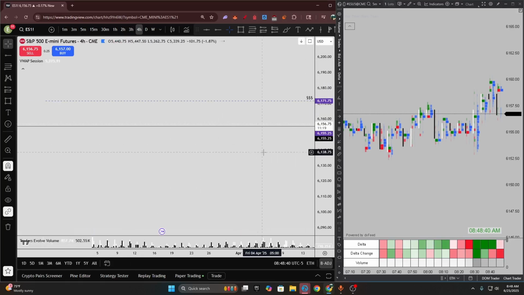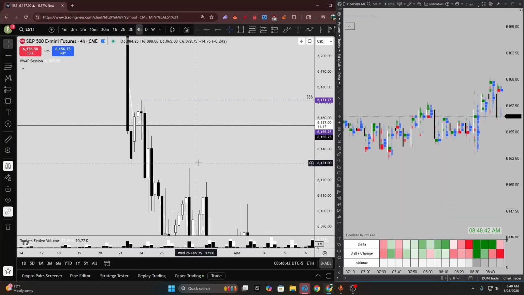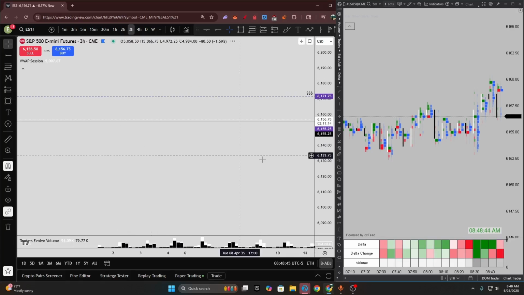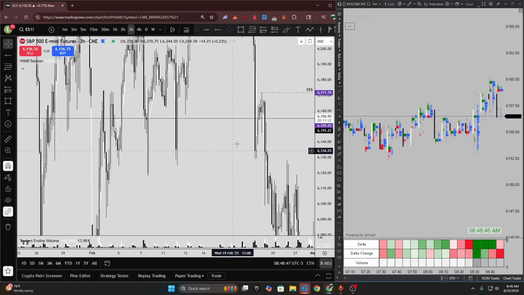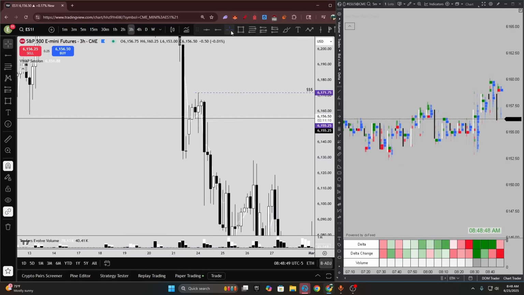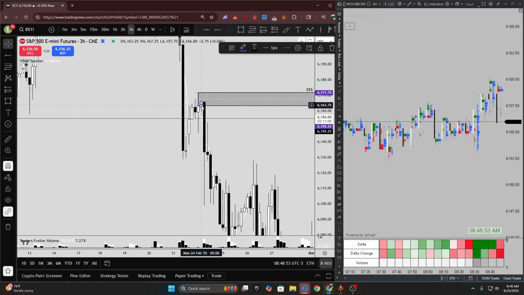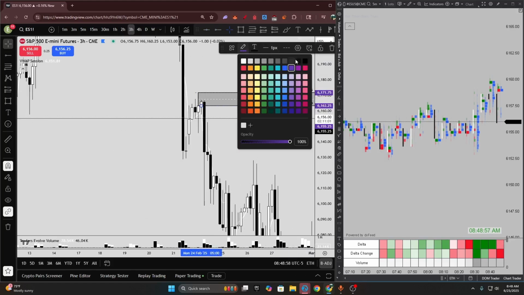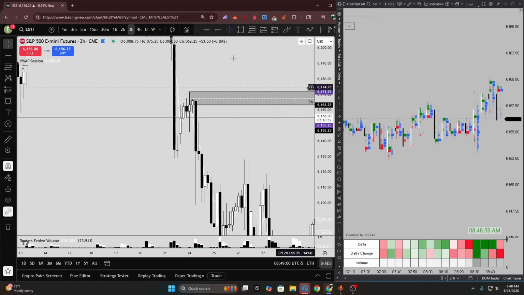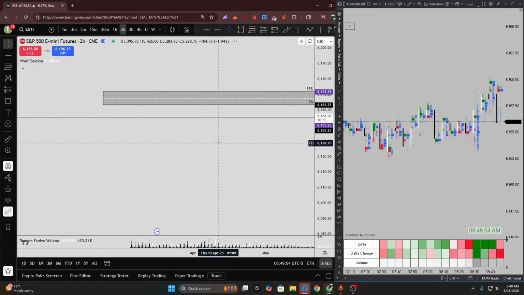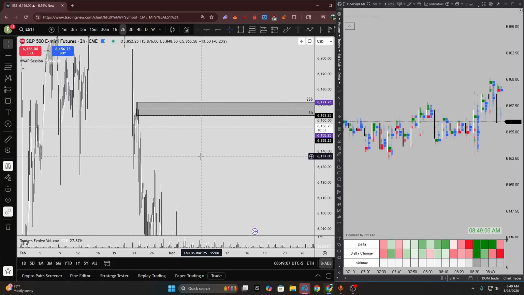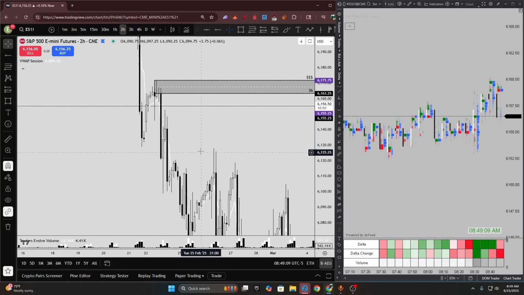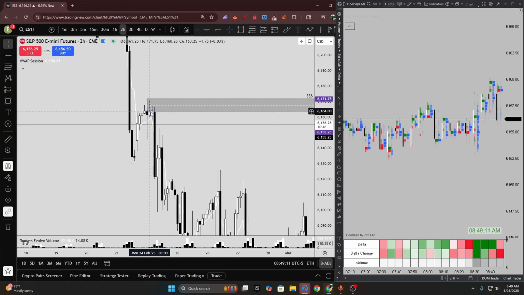Let's see if there's any other levels on lower time frames. It's a 4-hour. And on the 3-hour, we do have a 3-hour zone there, which I will be marking out, as you can see there. Let's go on to 2 hours, see if there's anything else that we can mark out. I do not think we do, but we will be prepared if we do.